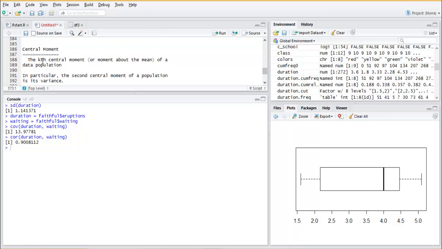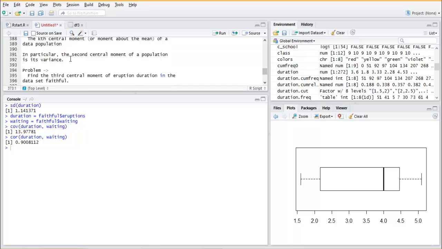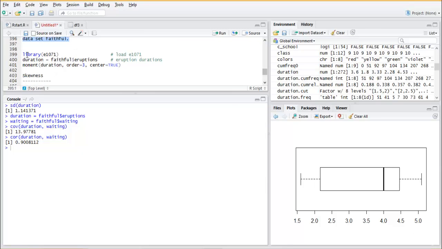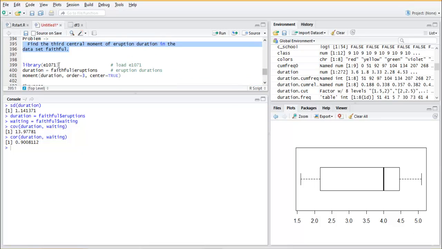Central moments. We know the kth central moment: the first moment has to be always 0, the second moment has to be the variance, and the third central moment is the one where we find out the skewness in the data. To compute central moments, we need another library which is not a standard library, called e1071.